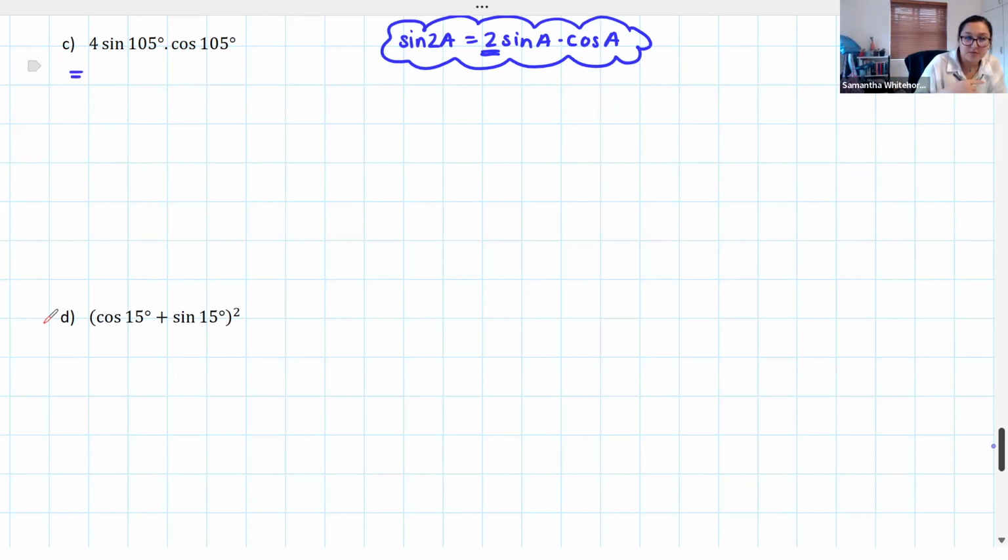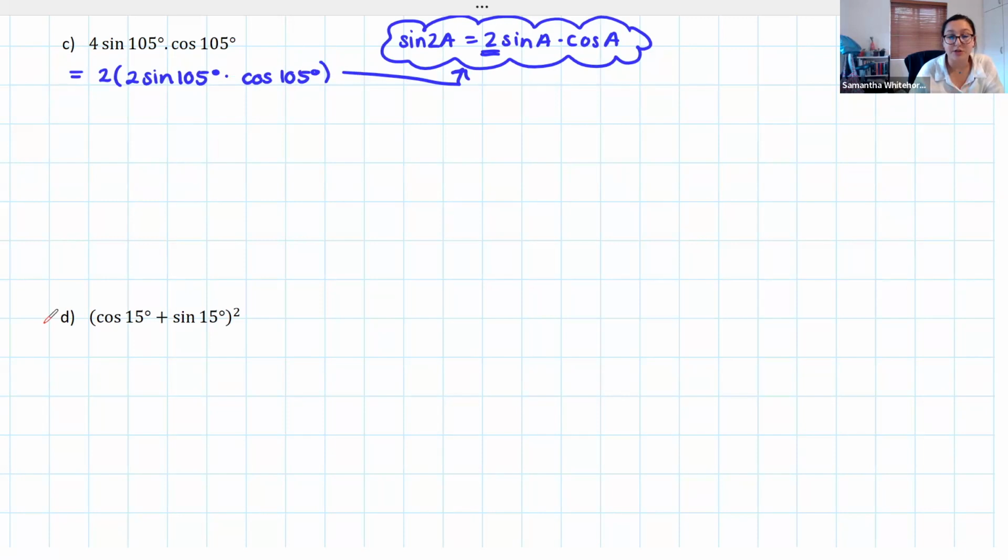It kind of goes back to what Josh was saying earlier. Someone else said that we'll take out a negative. I think it was Ati. This idea of factorization. So if we take out a 2 as a common factor, that leaves us with 2 sine 105 times cos 105. This now matches up with my identity.